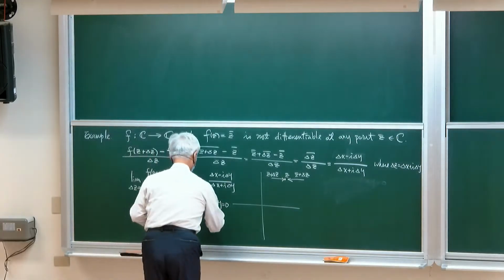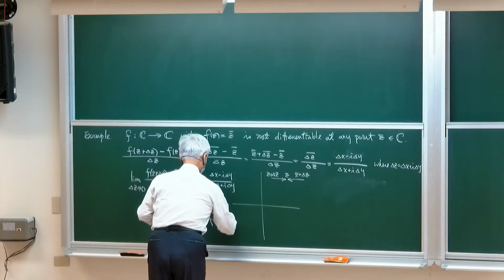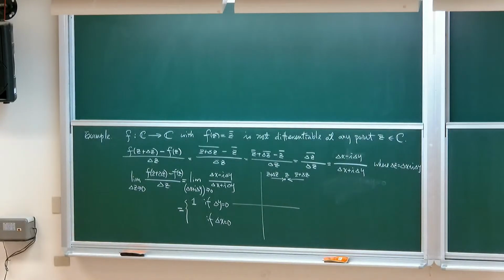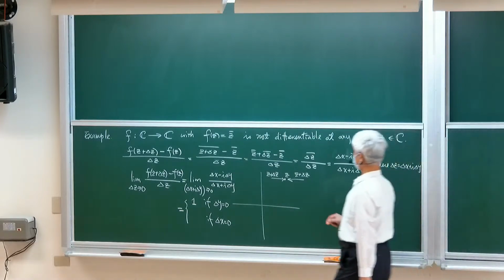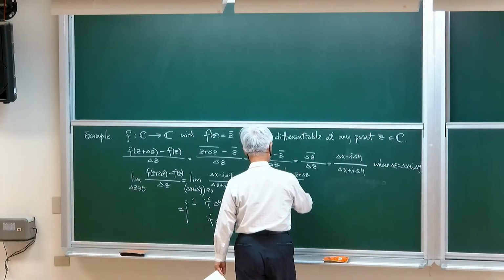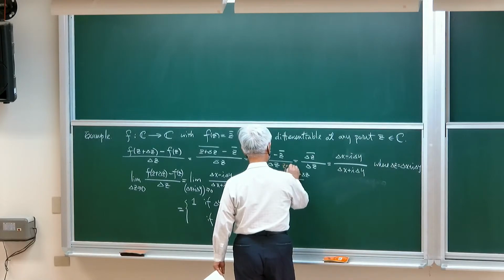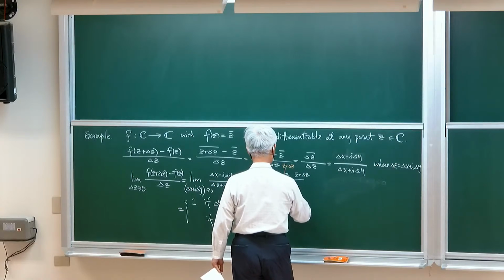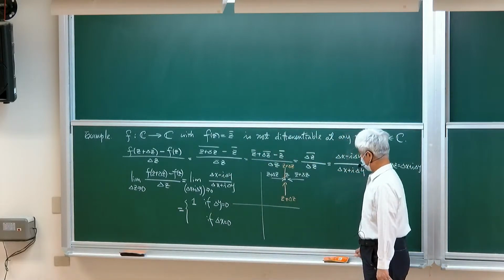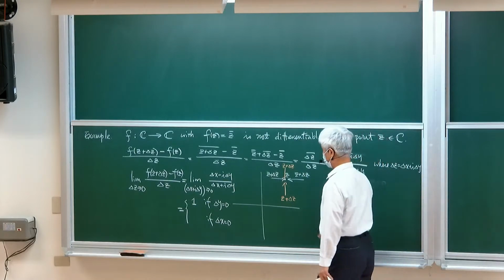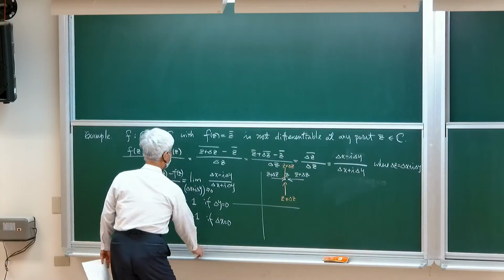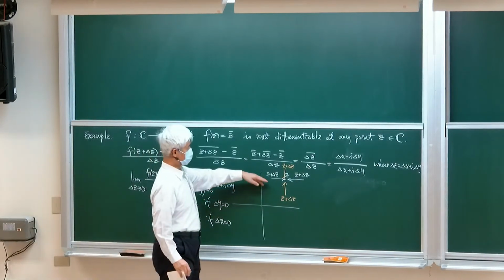The other way is that if we approach z vertically, then the ratio is -1. So it depends on how you approach z.